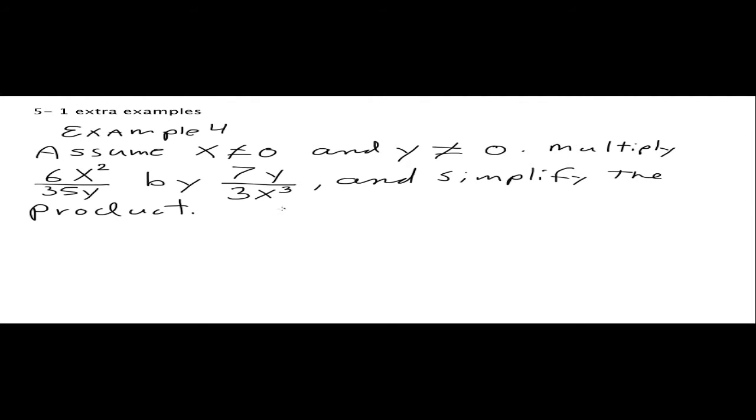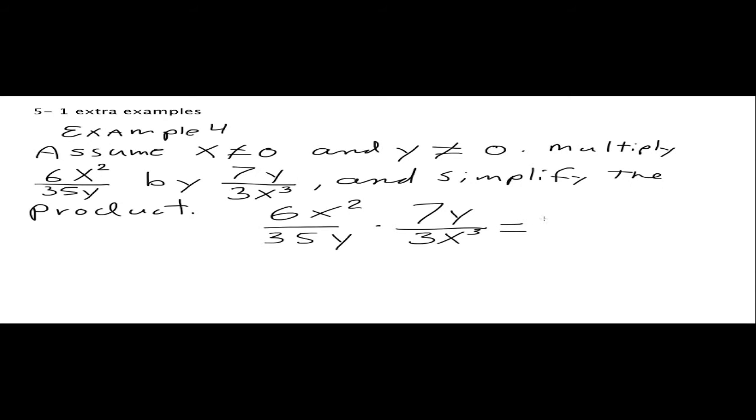That would be 6x squared over 35y times 7y over 3x cubed. Now our first step in simplifying this is I could go through this and find where I have common factors, but let me rewrite it in a way where I can put them together.